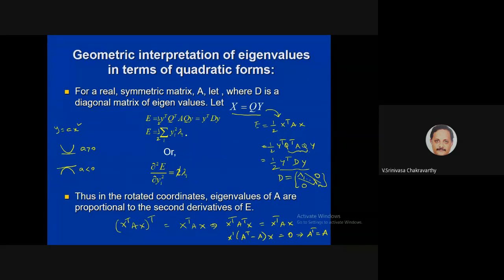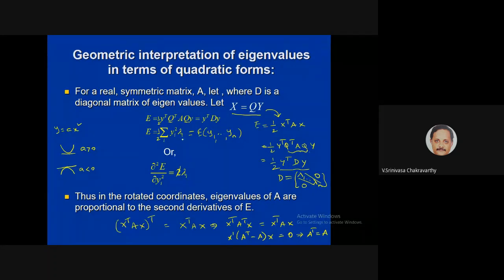So it's a much simpler form to understand. Now E is a function of new variables y1 to yn, and the expression is simply a sum of independent functions of the yi's, where each term is simply lambda i times yi square. So this is a very simple expression.